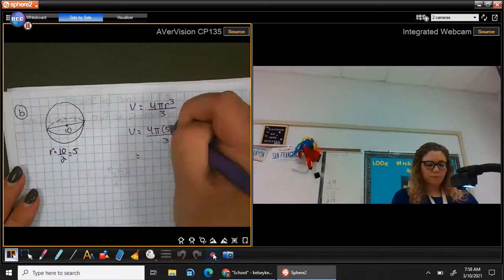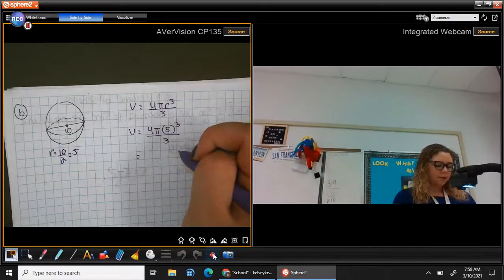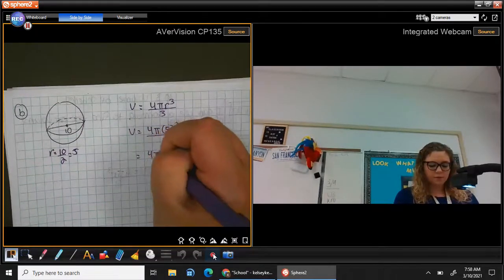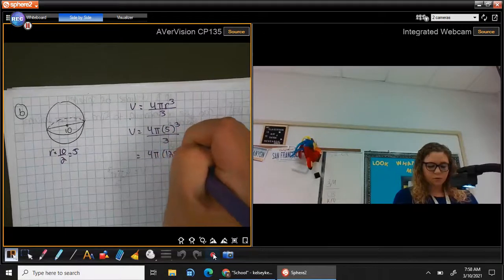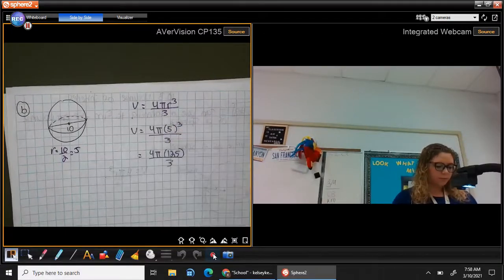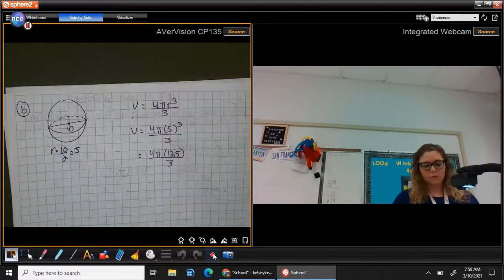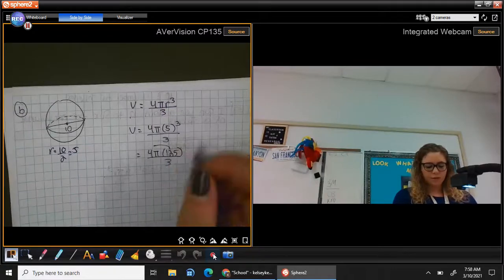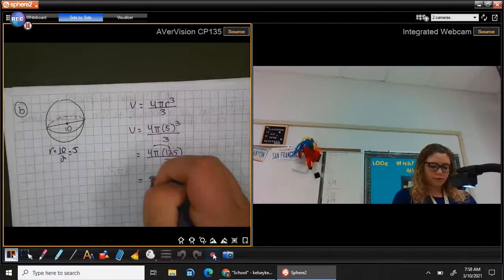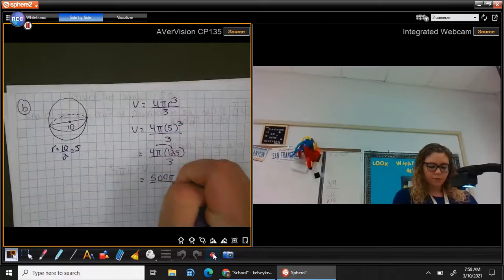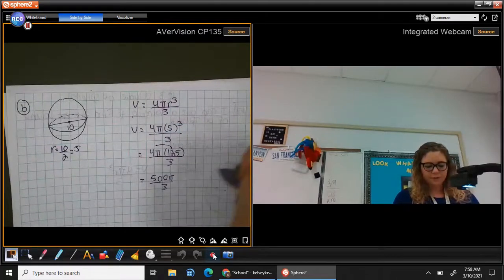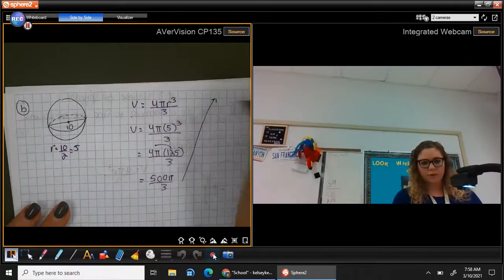And I'm going to cube. 5 cubed is going to give me 125 over 3. Okay, multiply these two. You get 500 pi over 3. Move this up here.